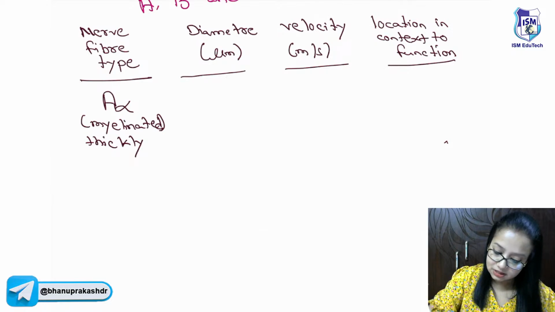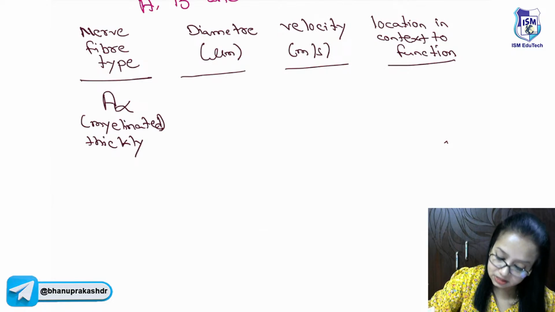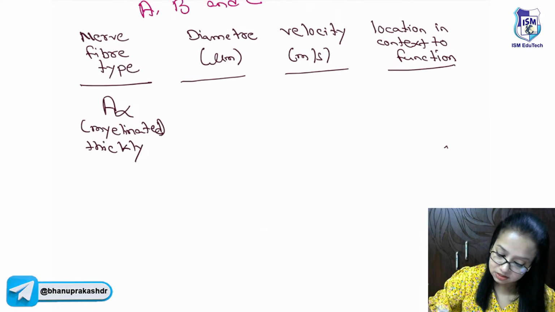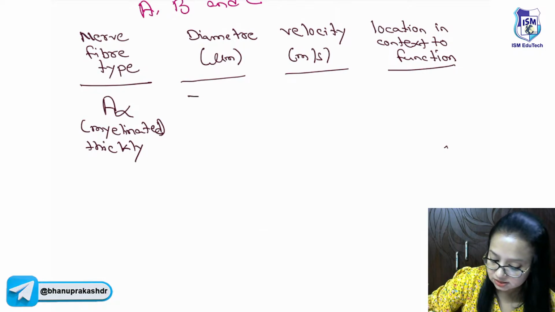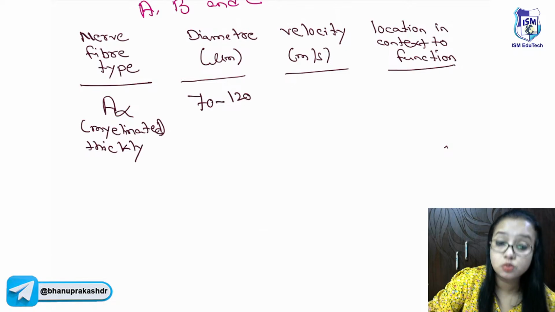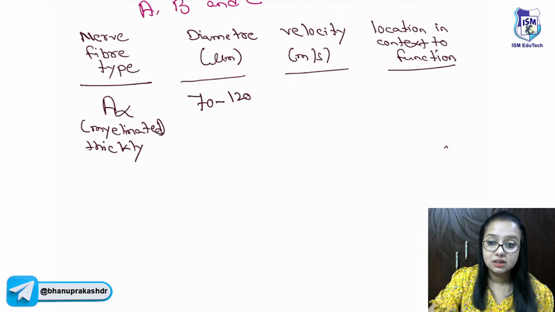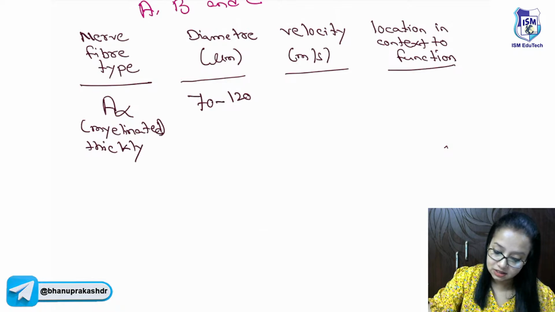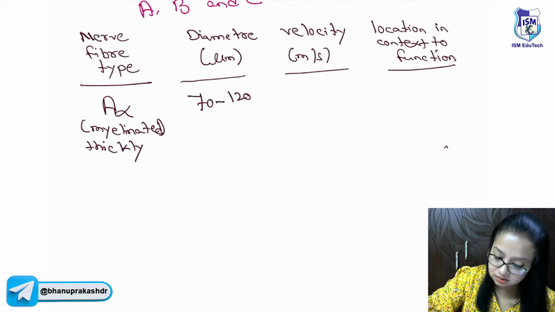Here the diameter is about 70 to 120, and the velocity at which it conducts is really fast, about 50 to 70.